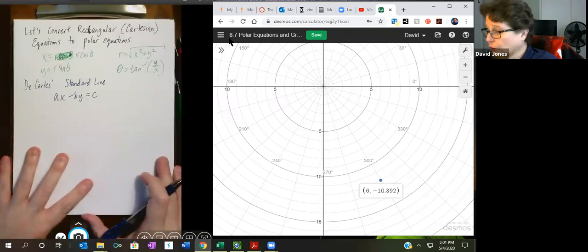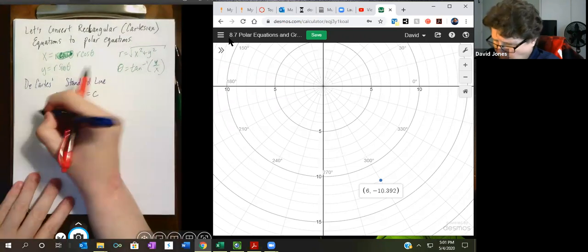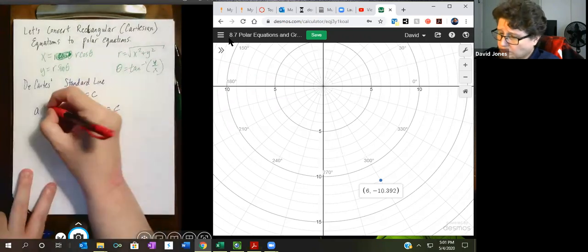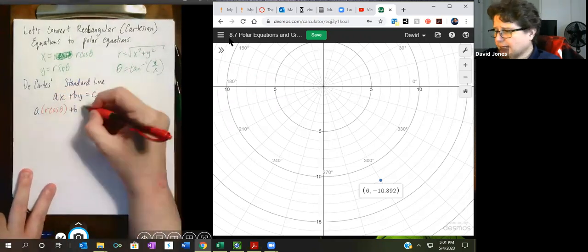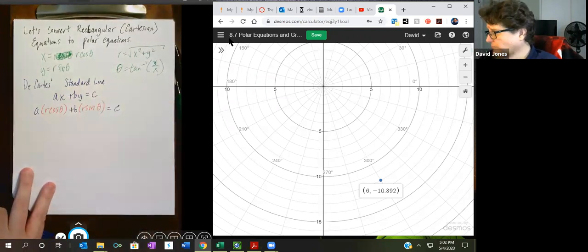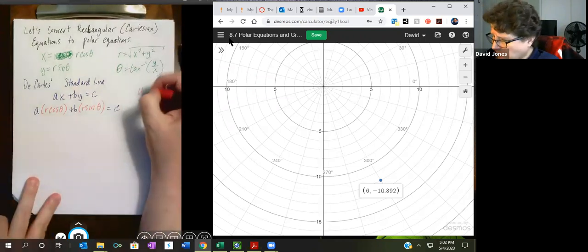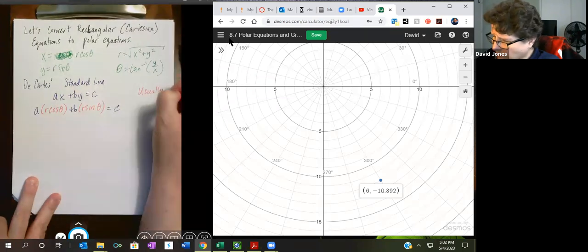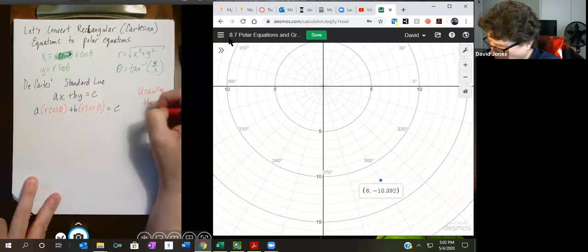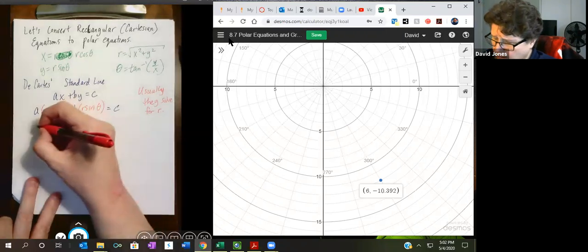What happens in polar? We replace X and Y with their polar values. Usually they solve for R. So here I can factor out an r.